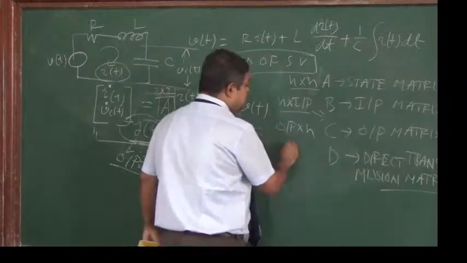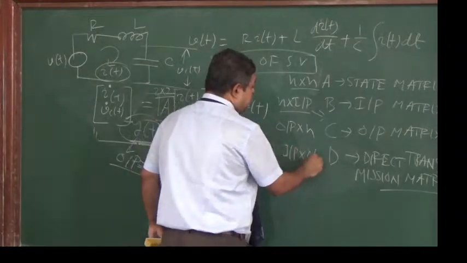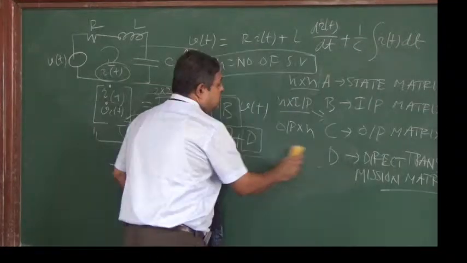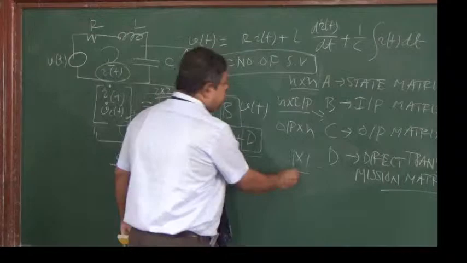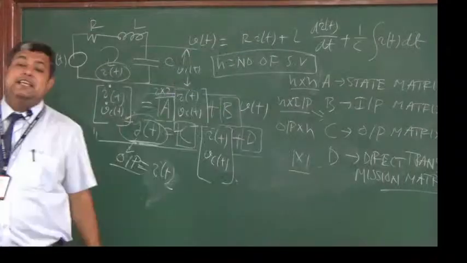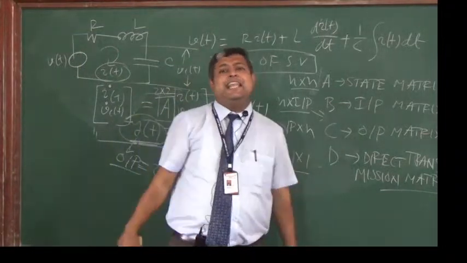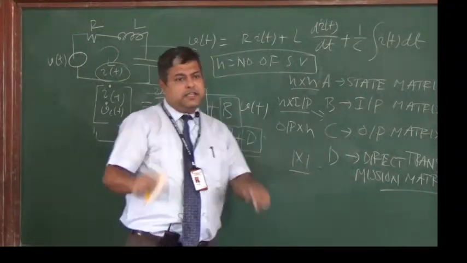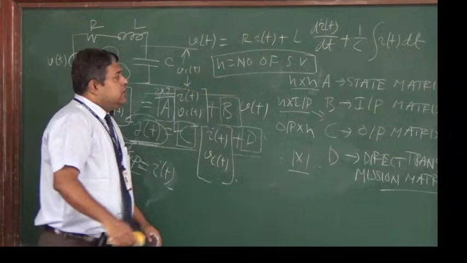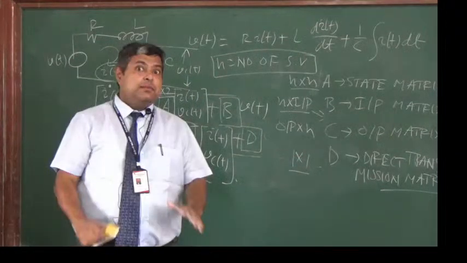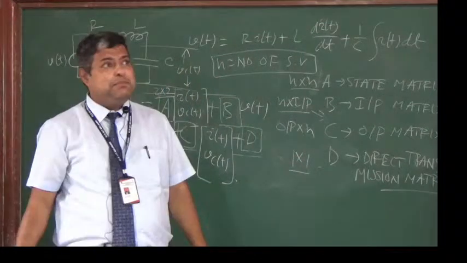Okay. So this is the input. In this case, as there is only one input and one output, the dimension of the D matrix will be 1 cross 1. So this will not be in matrix form, it will just be a scalar, just a figure, that's all. Finding the A matrix is the most important thing for any system. This is the biggest matrix.